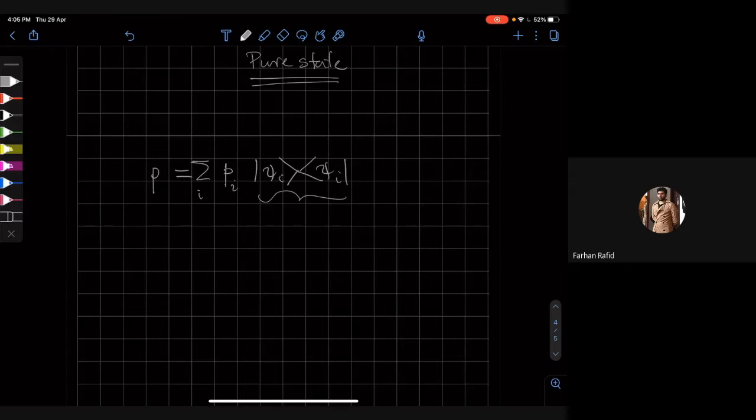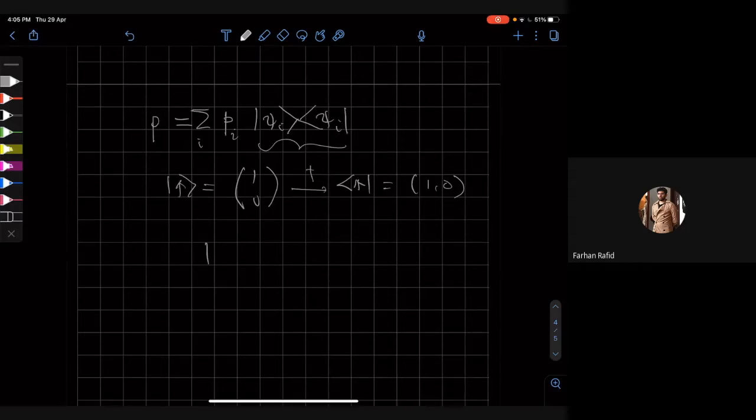For example, if I take this thing as 1, 0, and this thing is this, because you get to this by taking the Hermitian conjugate.